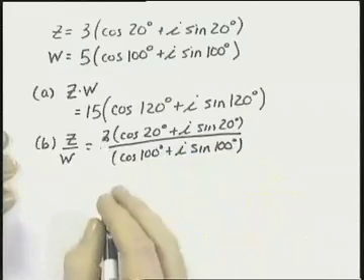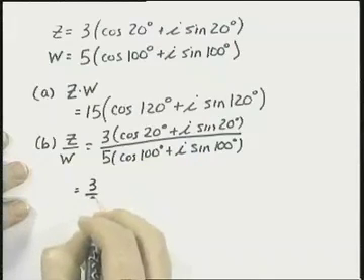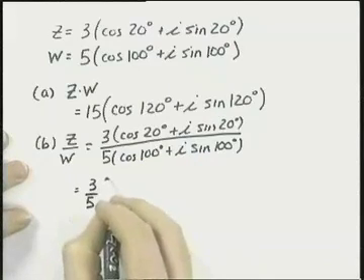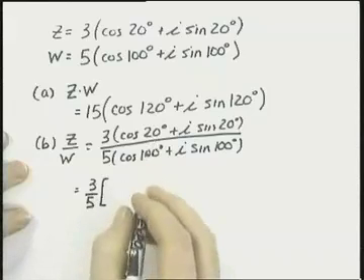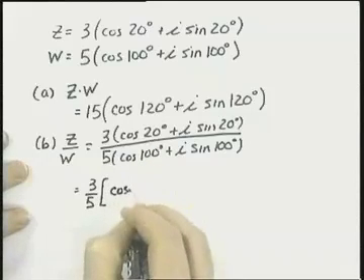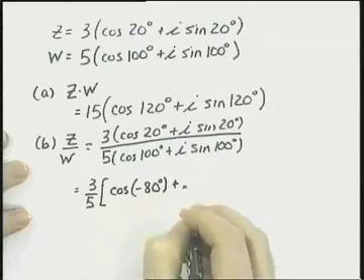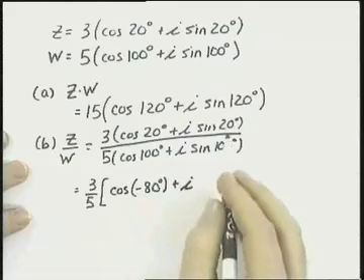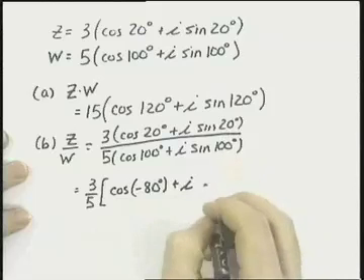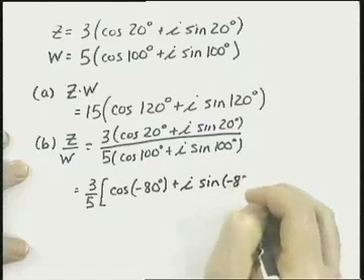Now to divide, you divide the magnitudes, so that's going to be 3/5. And then what we do is subtract the arguments. So 20 degrees minus 100 degrees is going to give me negative 80 degrees. Plus I times the sine of 20 degrees minus 100 degrees is the sine of negative 80 degrees.